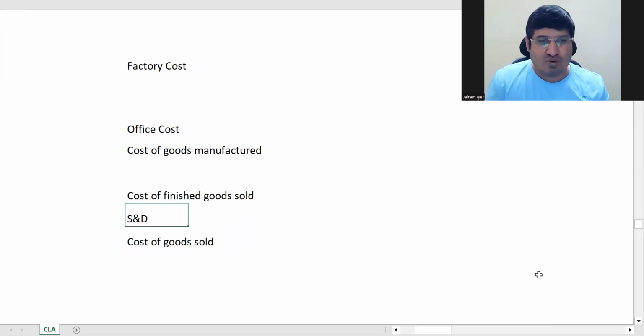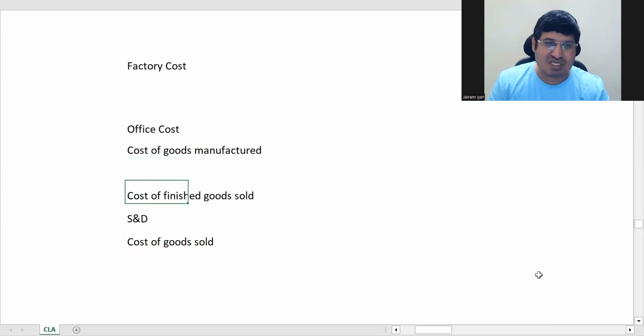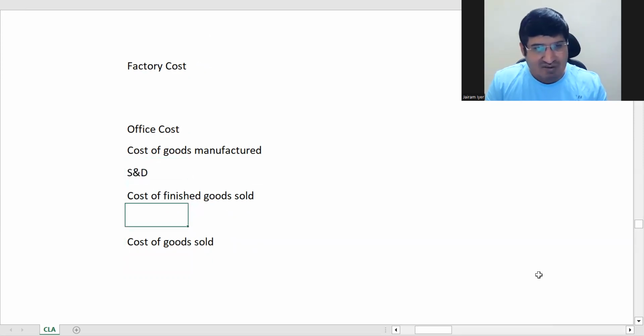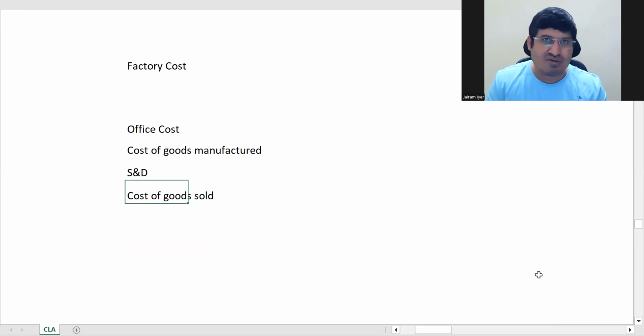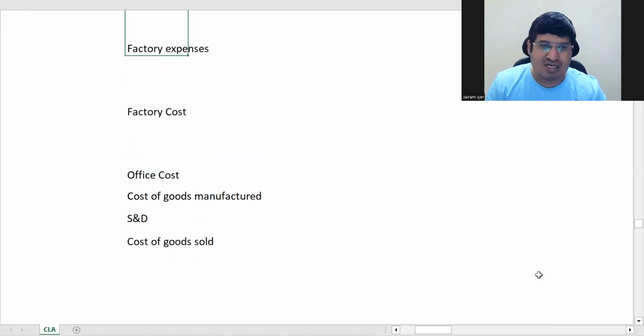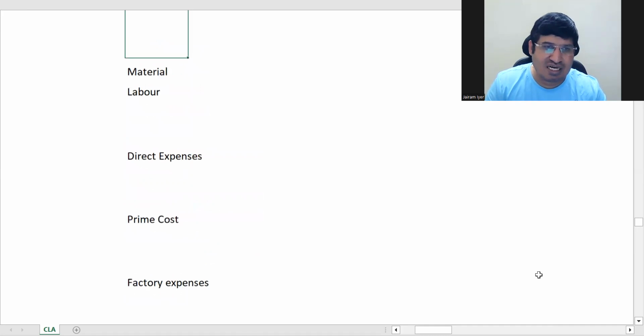So mostly your selling and distribution is added at this stage only. Here itself you get cost of goods sold. It depends on what format is being followed. So this is how generally it is done.